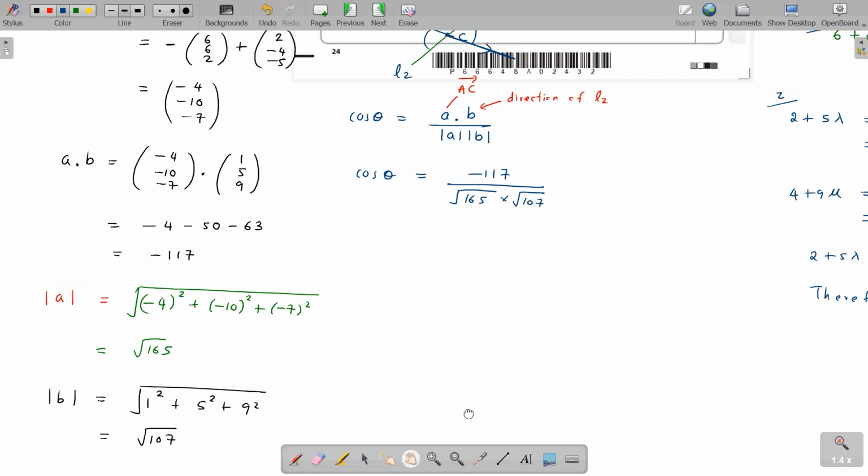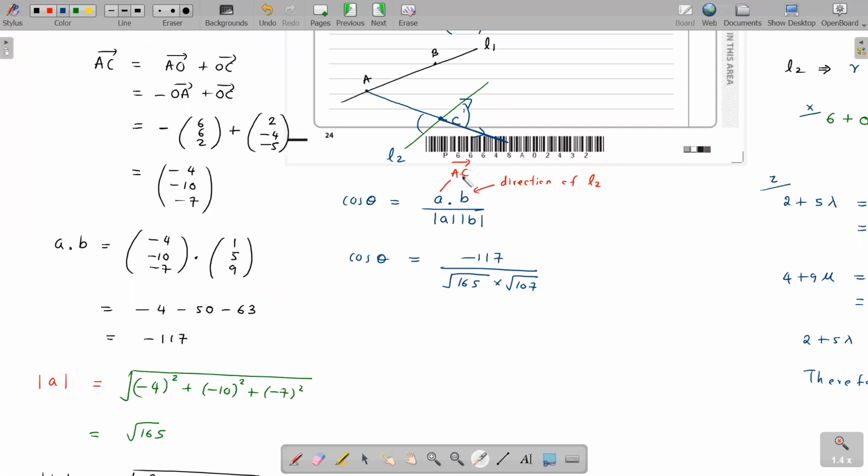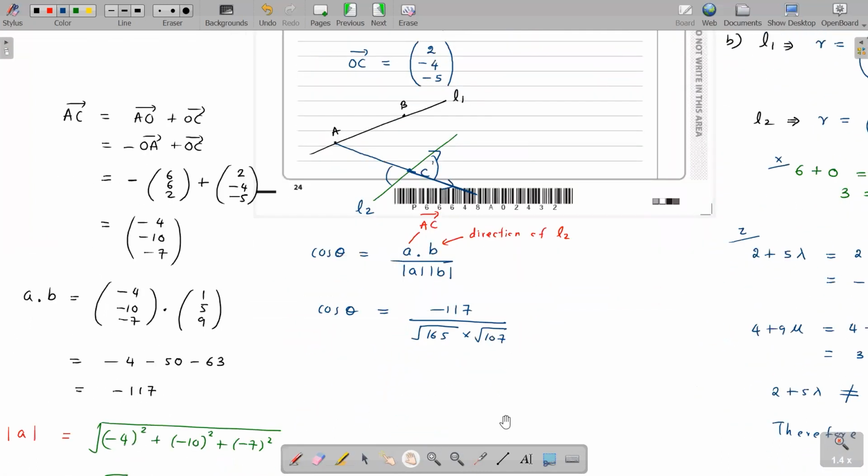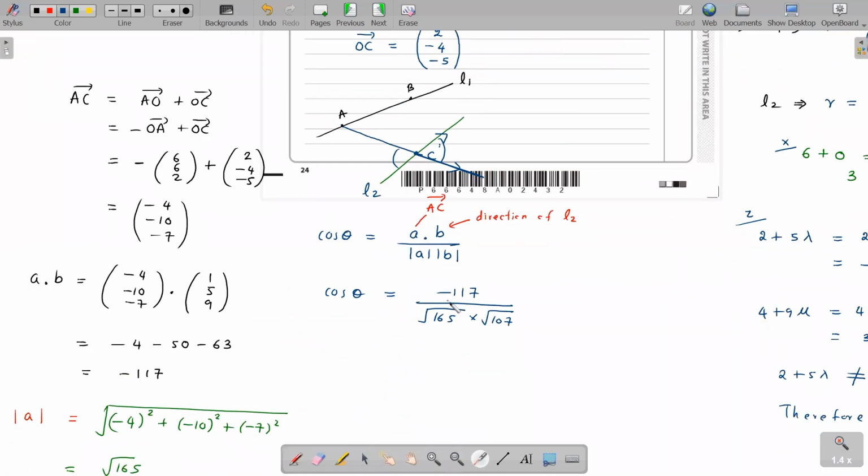Now here there's one thing you need to realize. People who use CA as the direction vector would get their A dot B as plus 117. The people who use AC get negative 117. So at the end of the day, if you use cos inverse of the negative, you will end up getting the obtuse angle. Do they want the acute angle? Yes. So if you subtract that from 180, you can get the acute angle.